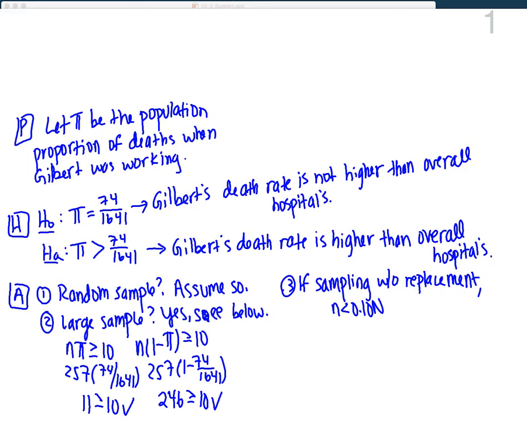No, I'm checking that the sample's small, not big. Okay, little n is 257. What's big N? 1,641. Okay, you can tell that this is not met. So we are going to say, proceed with caution.